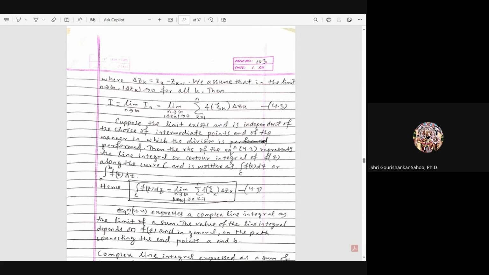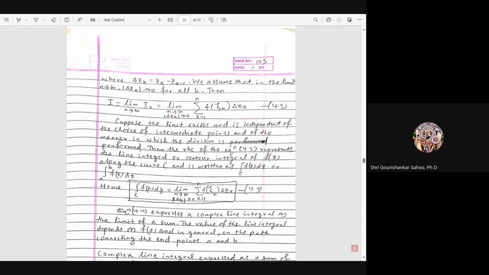So your I will be the limit as n tends to infinity, which is nothing but the limit as n tends to infinity, modulus of del zk tends to 0, summation k equal to 1 to n, f of ζk del zk. So the limit exists and is independent of the choice of intermediate points and the manner in which the division is performed.